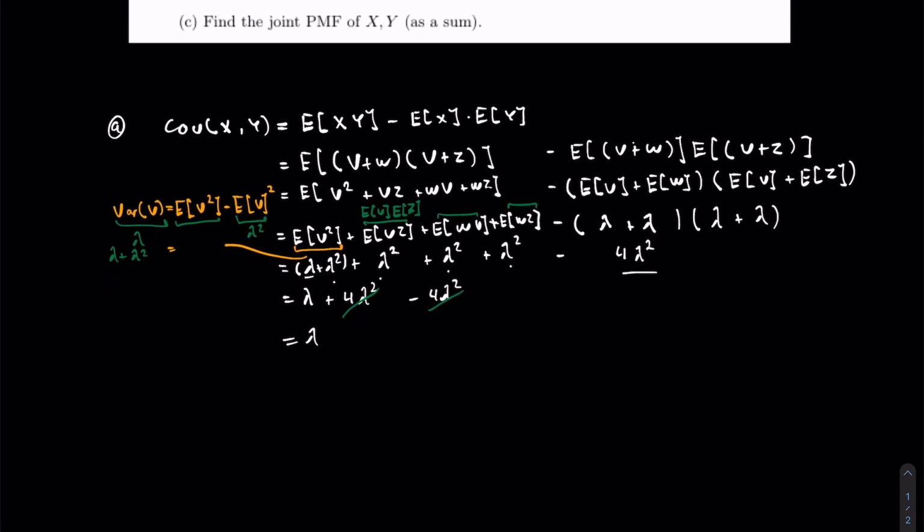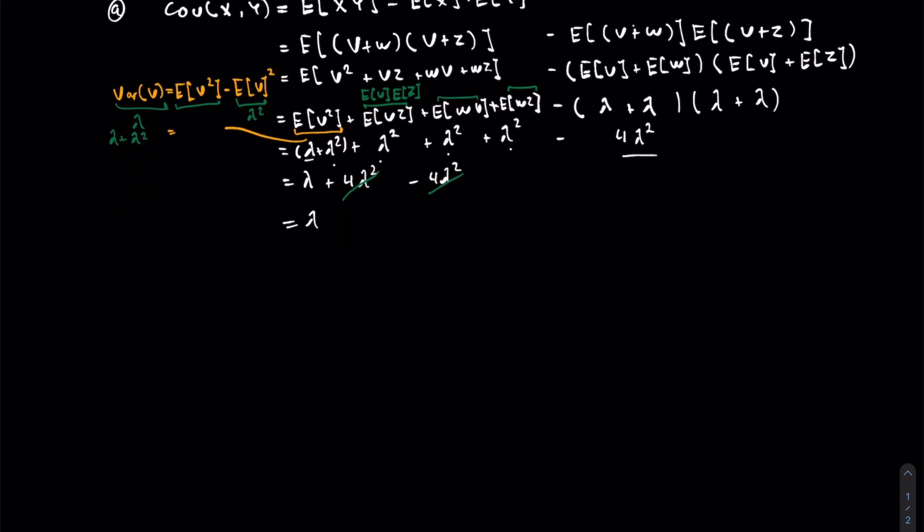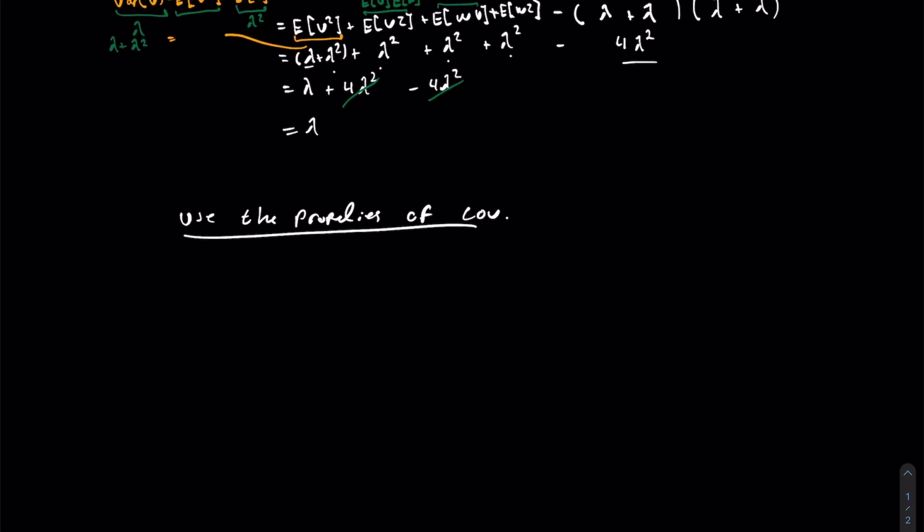All right, that was a little bit of a long calculation, but let's use the properties of the covariance to see if we can do this a bit faster. So, use the properties of covariance. For that, we start writing down x and y, that's what we want.